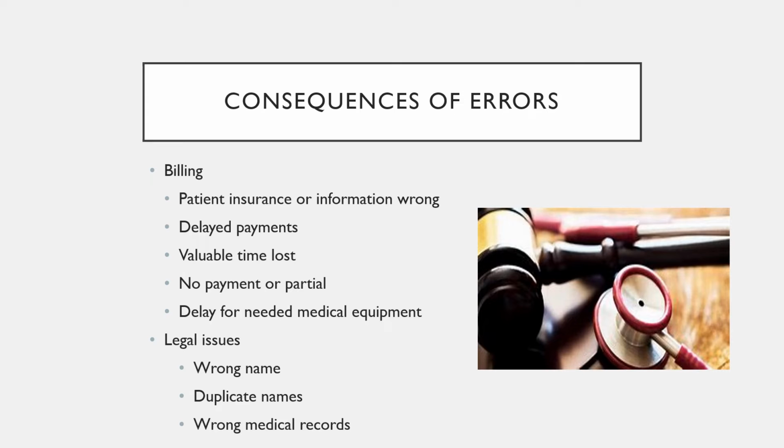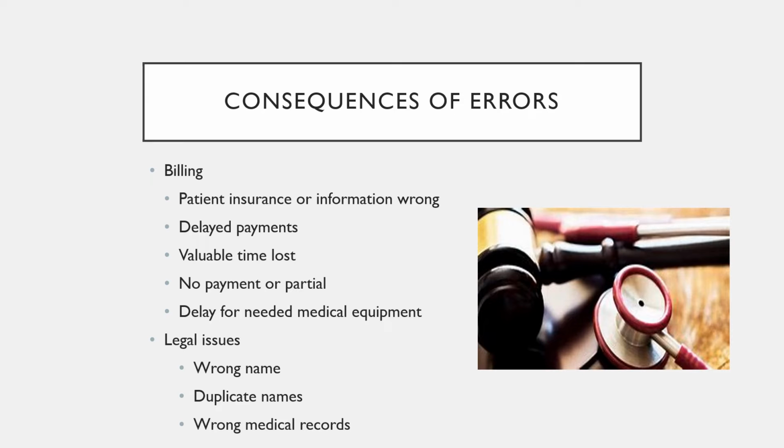Another consequence is the valuable time we will lose trying to collect the correct information and then the time spent resubmitting the claim again. In addition, we could have a delay for any needed medical equipment if anything goes wrong with misinformation. The final consequence with billing could be obtaining no payment or only partial payments, which we do not want.